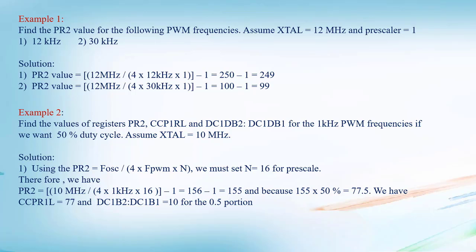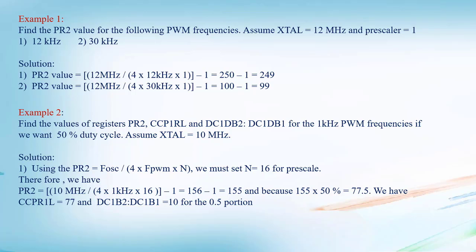The formula for PR2 is FOSC divided by 4 multiplied by PWM frequency multiplied by N. Here we are considering N as 1. Put in the values of FOSC, 12 MHz, and the PWM frequencies. So for 12 kHz we get PR2 equals 249, and for 30 kHz we get PR2 equals 99.